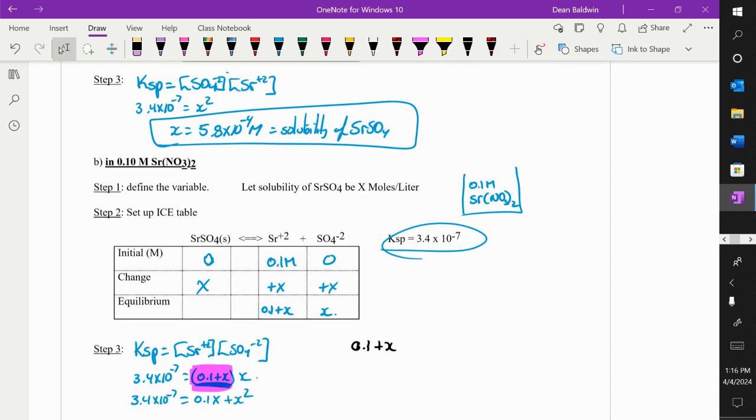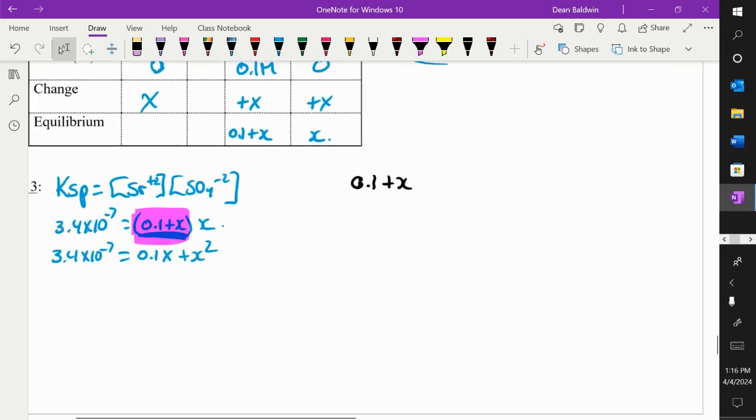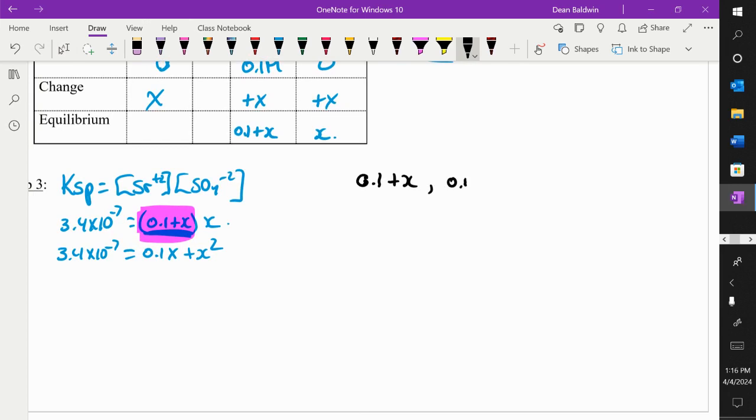This one, right? Does everybody agree with that? This is the max that x can be. Everything else has to be less than that. So, as a chemist, we say 0.1 is going to be much, much bigger than x.